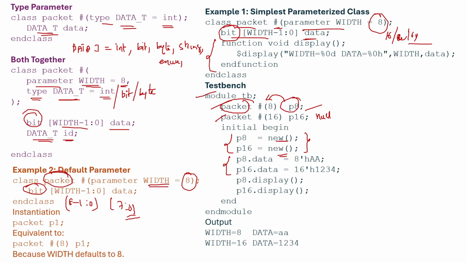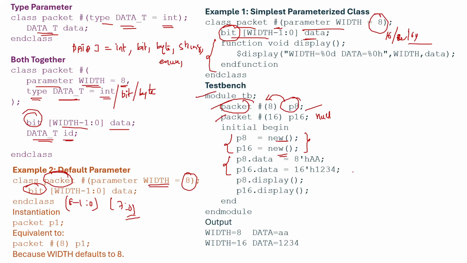So P16 is the handle for that, right? P16 dot data equal to 8 bit I can give, or 4 bit I can give, but don't give 32 bit. If you assign 32 bit, the rest of the values will be truncated. Whatever the lower 16 bits are, only those lower 16 bits are considered, and the rest are not.